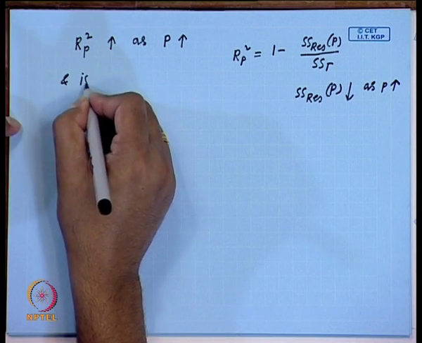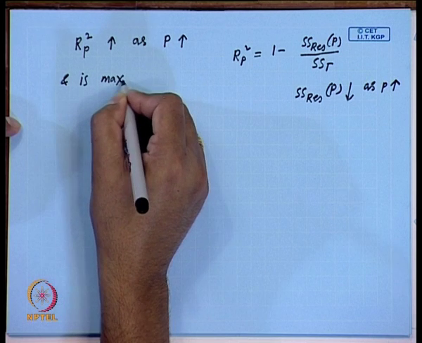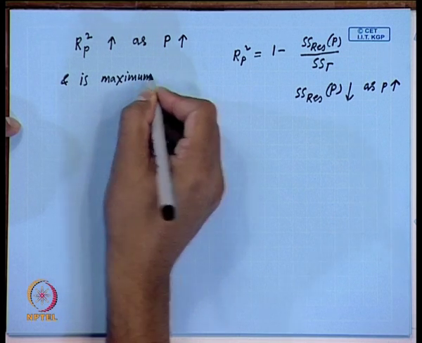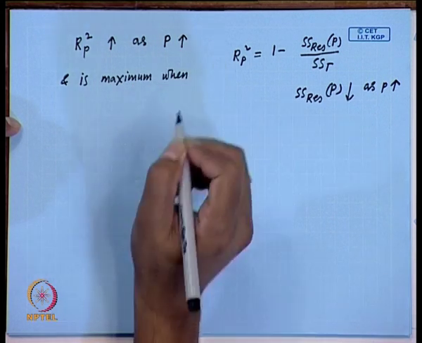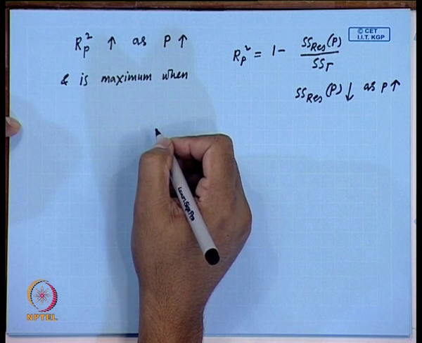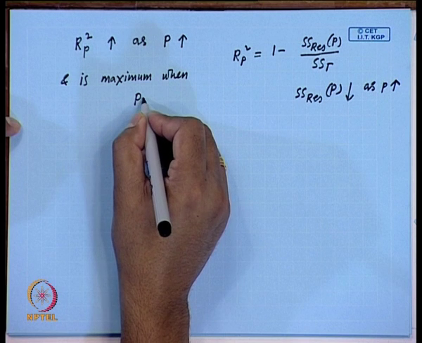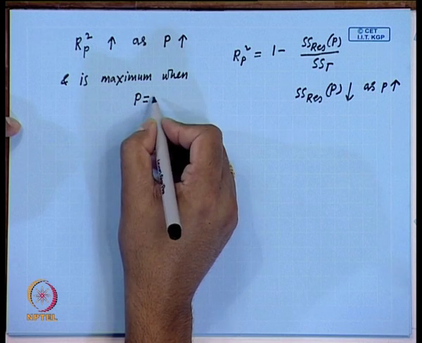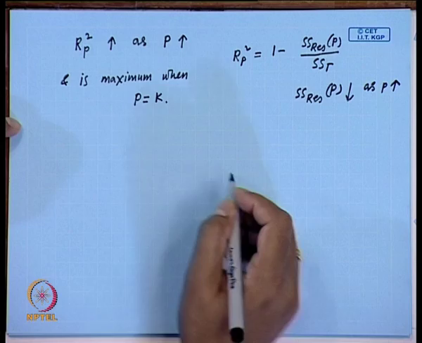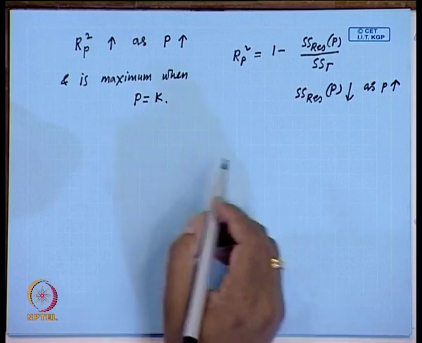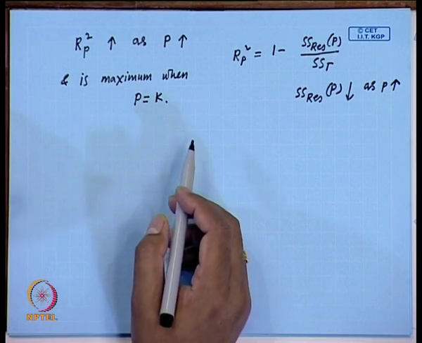And this is maximum when p equal to k, because p equal to k means p minus 1 is equal to k minus 1.